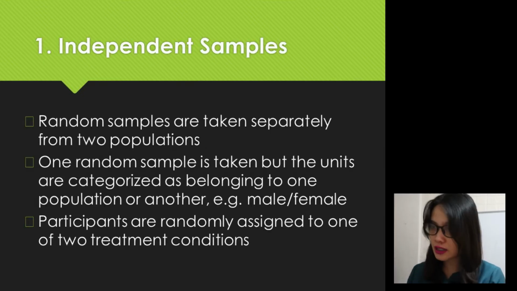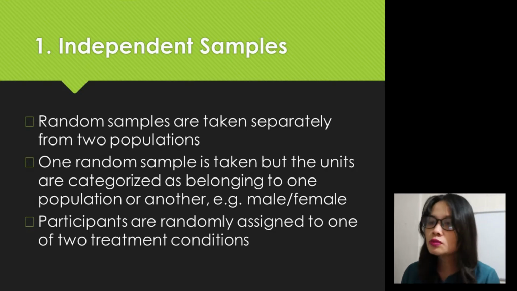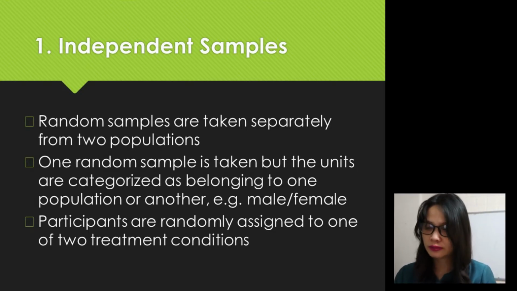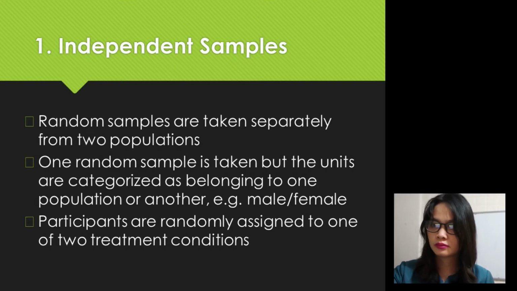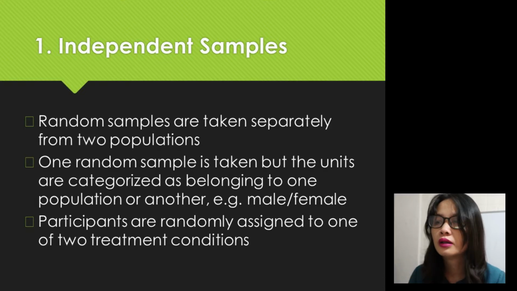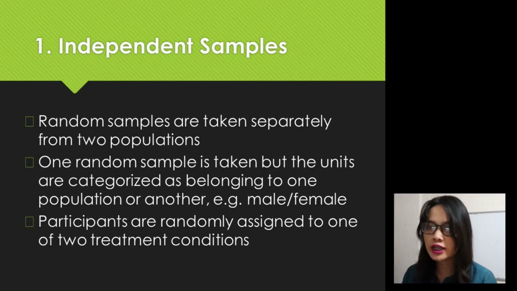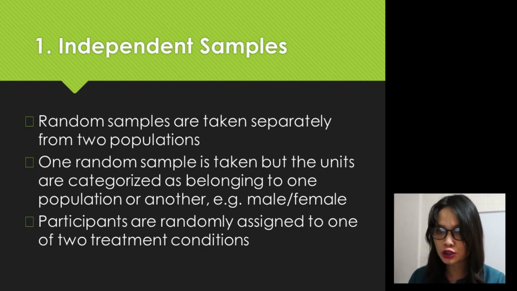When we say independent samples, take note of this: random samples are taken separately from the two populations. One random sample is taken, but the units are categorized as belonging to one population or another.